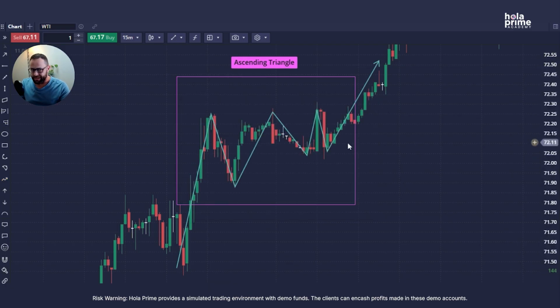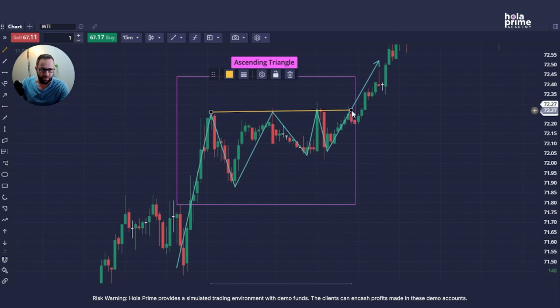Now, what makes ascending triangles different from symmetrical triangles is that they're typically a bullish continuation pattern. Rather than a symmetrical form, you'll have a horizontal resistance zone at the top, where the correction actually starts from.